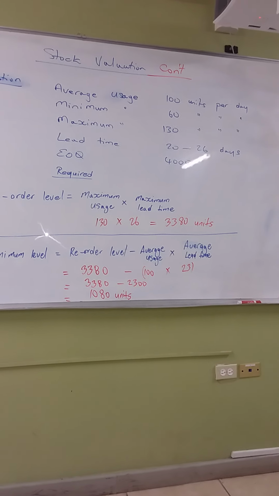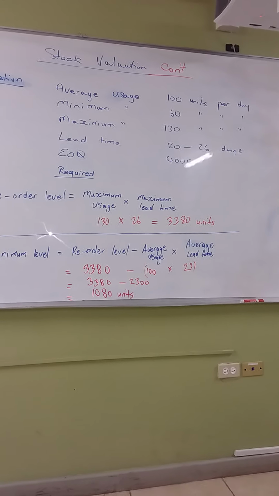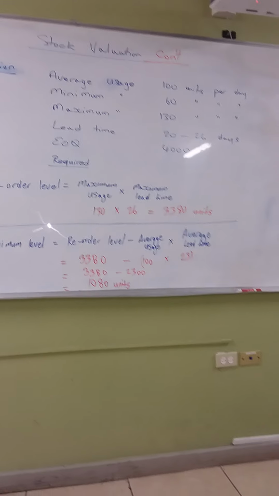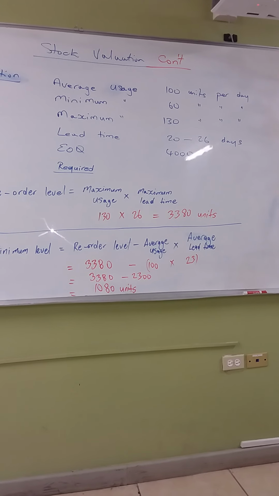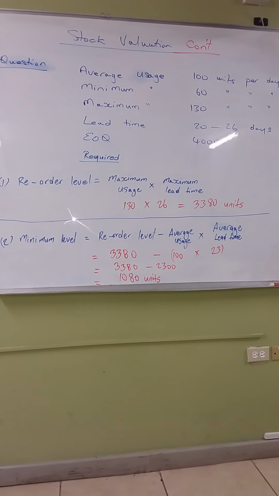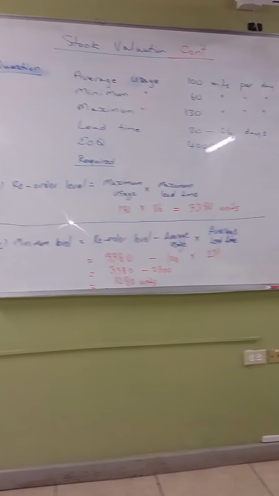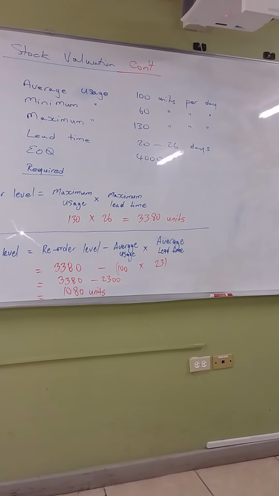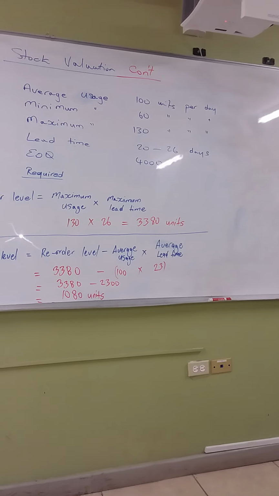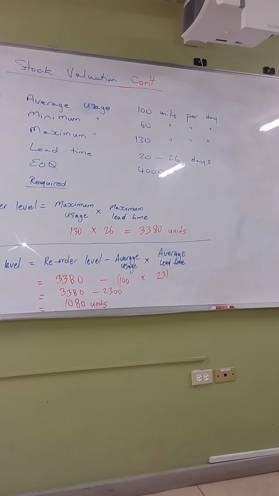You need to place an order. So you need not have your inventory falling below that level, or that is the indication for when you're supposed to place an order. Your reorder level. So whenever you have 3,380 units in your inventory, it simply means that you need to place an order.